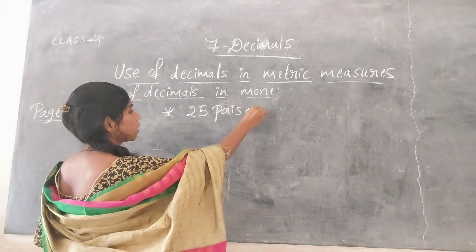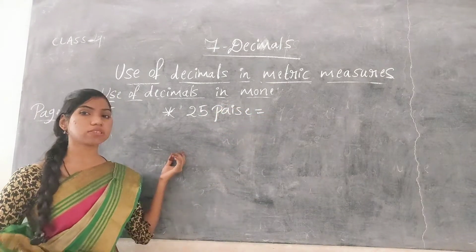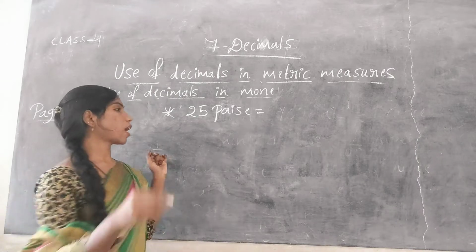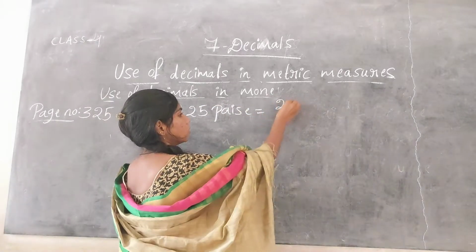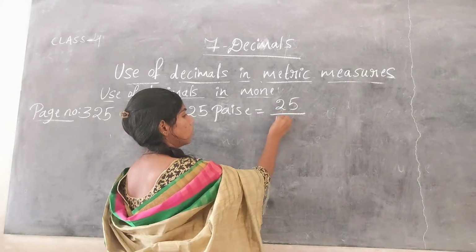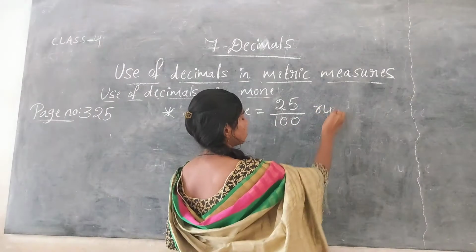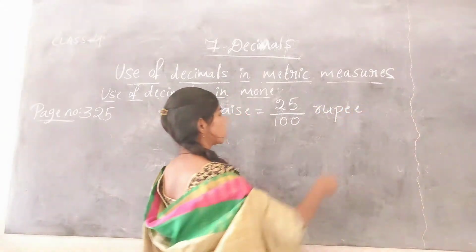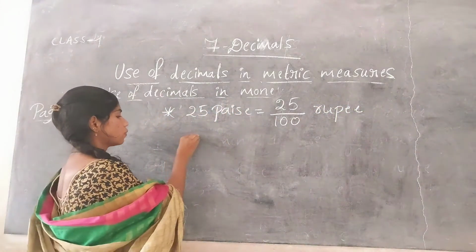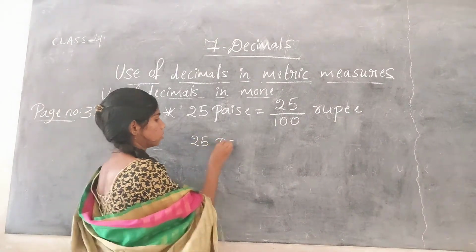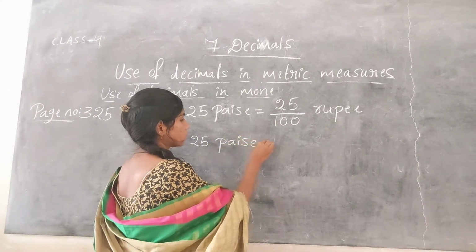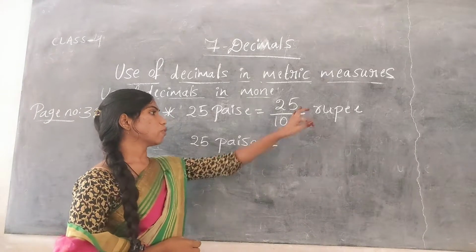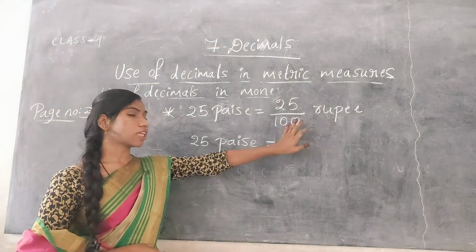So 25 paise is equal to how many rupees? We can write it as 25 hundredth rupee. 25 paise is equal to 25 hundredth.